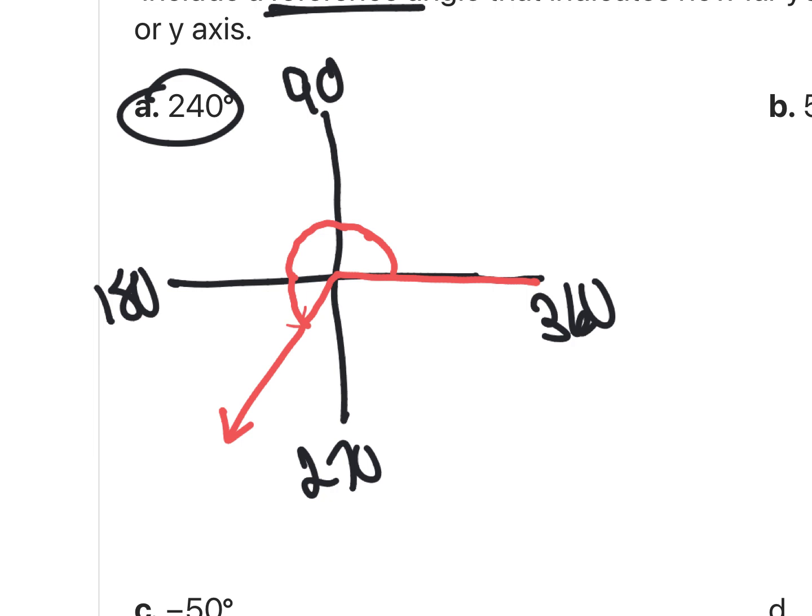How far past 180 did we actually go to get to 240 degrees? Well, to get to 240, we went 60 degrees past 180 because 180 plus 60 is 240. So this angle that we have drawn here is a 240 degree angle.